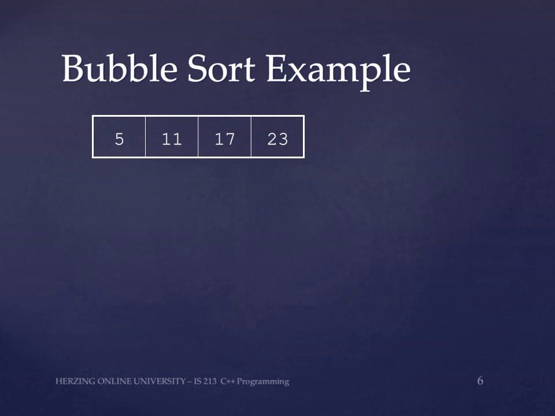After the second pass, the array contains 5, 11, 17, and 23. In the third pass, you compare values 5 and 11. They are in correct order, no exchange here. Then you compare values 11 and 17.